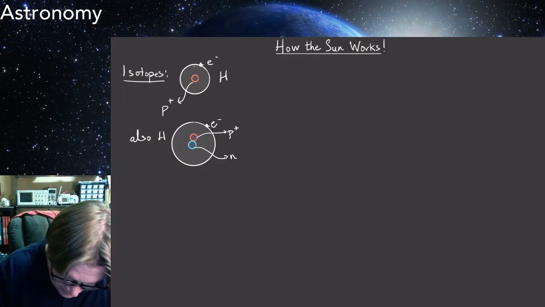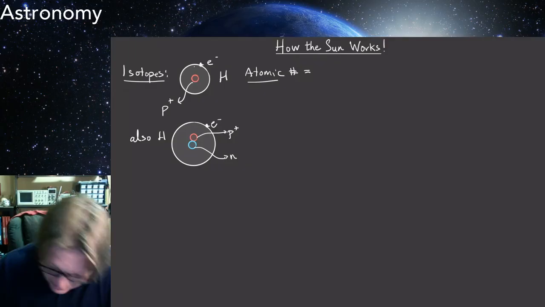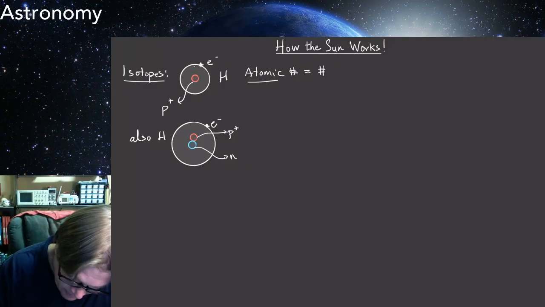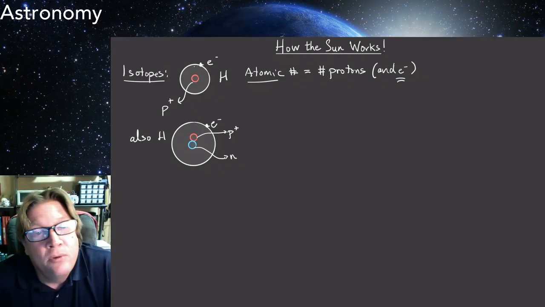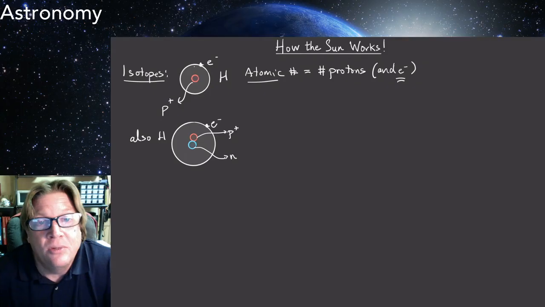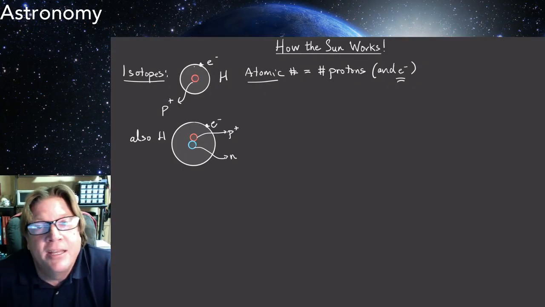Remember, the atomic number identifies an element, and that's just the number of protons. And in all the normal matter that we'll talk about, the number of protons has to match the number of electrons because the atom as a whole has to be neutral. All the positive and negative charges have to cancel out.